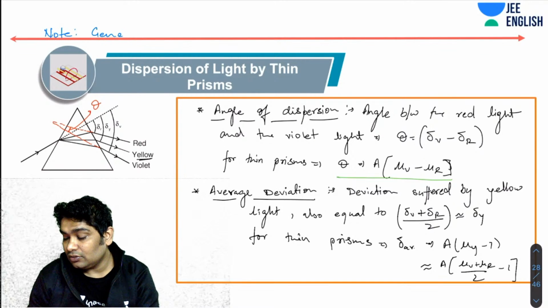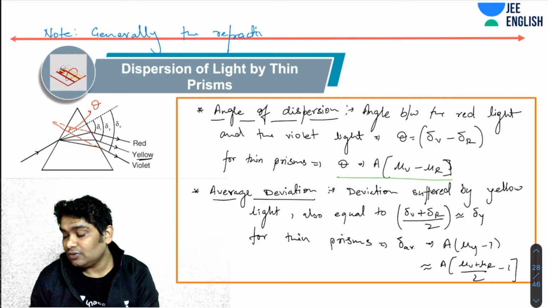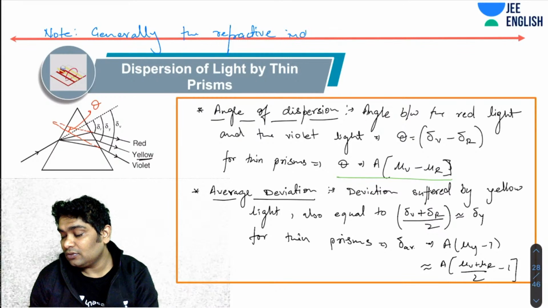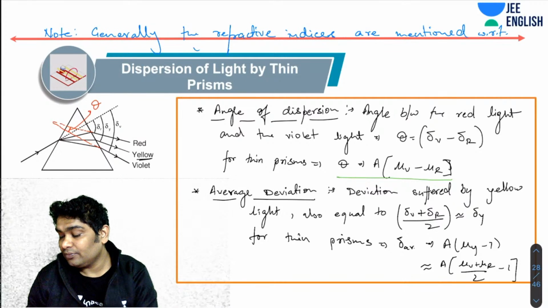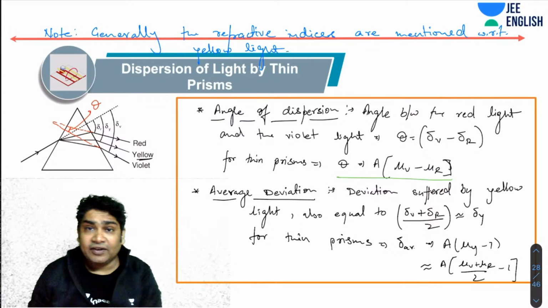Generally, the refractive indices are mentioned with respect to yellow light. As I said, the refractive index for different colors is different.